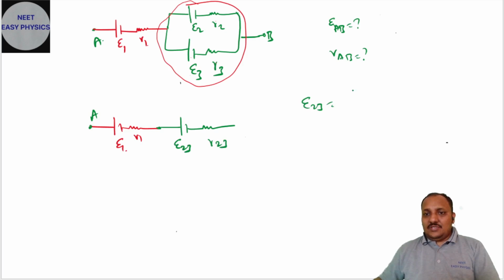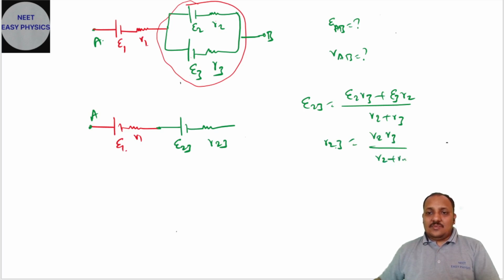So the equivalent EMF E23 is E2R3 plus E3R2 by R2 plus R3. And R23 is nothing but R2R3 by R2 plus R3. The equivalent EMF formula we wrote is E1R2 plus E2R1 by R1 plus R2, same as this E23.